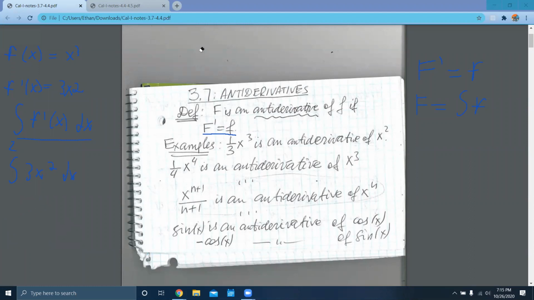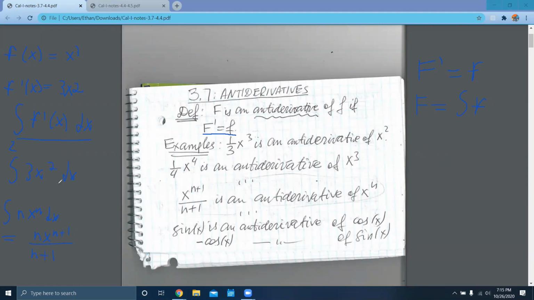Now, like I said, the antiderivative is the opposite of that. So when we take the antiderivative of x to the n dx, this is going to be equal to x to the n plus 1 divided by n plus 1. Whereas here you were pulling n to the front and then subtracting 1, here you're going to add 1, then divide by that.